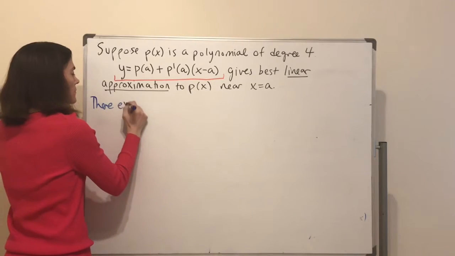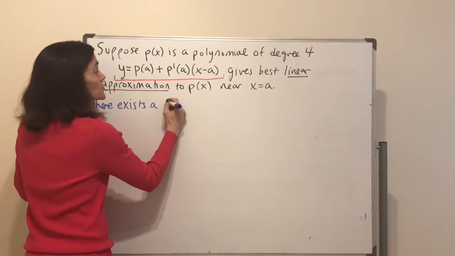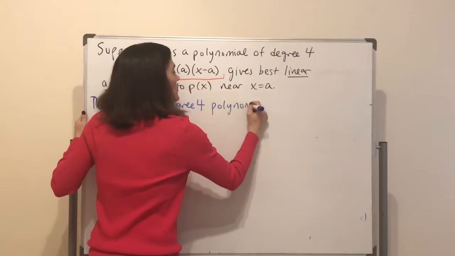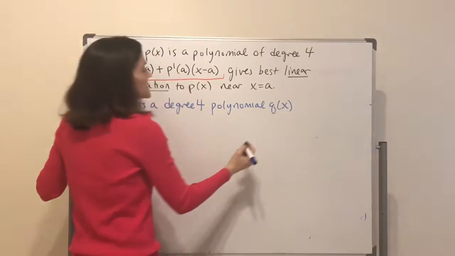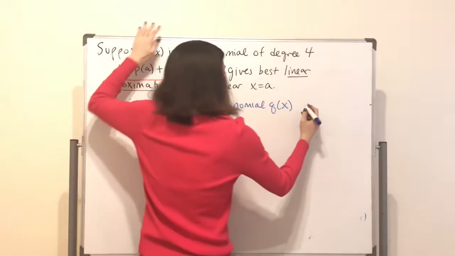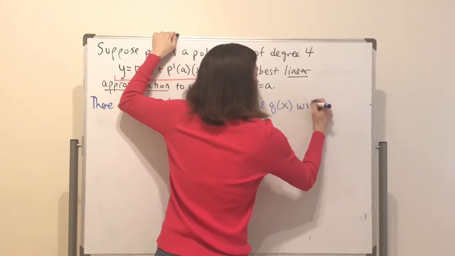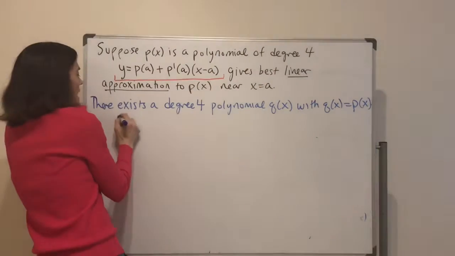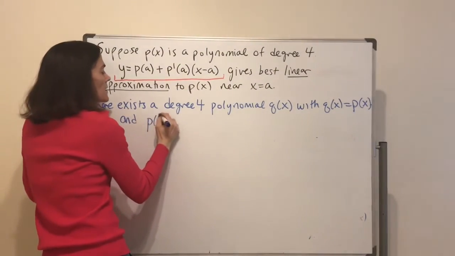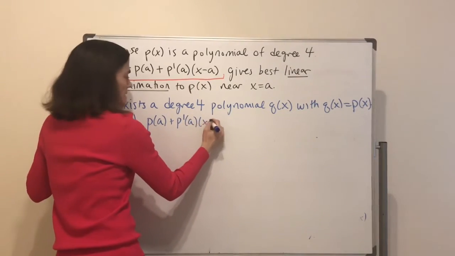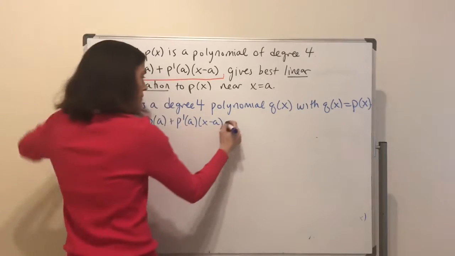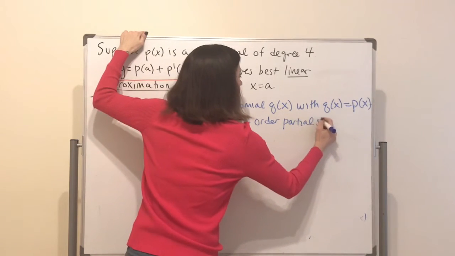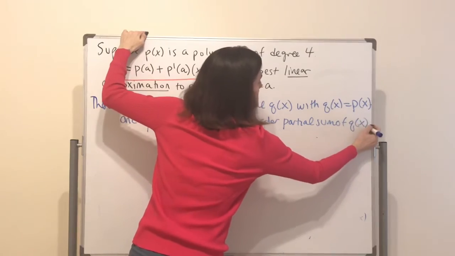There exists a degree 4 polynomial q of x, which will literally be equal to my polynomial, and p of a plus p prime of a times x minus a is the first order partial sum of q of x.